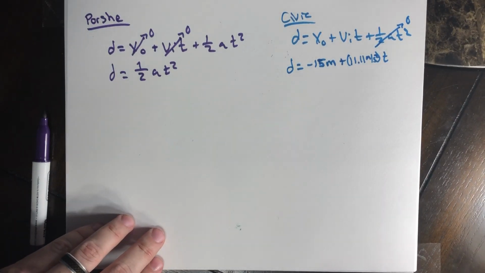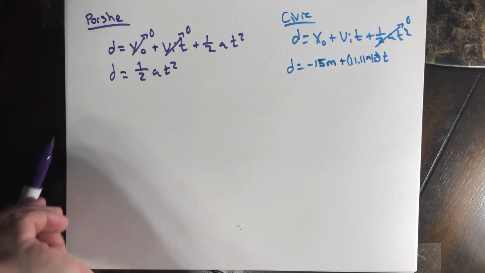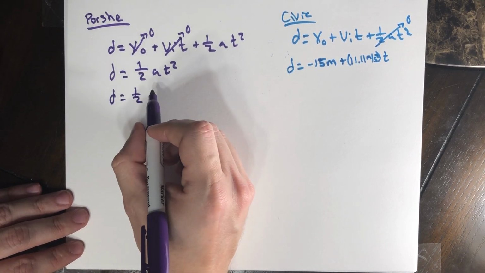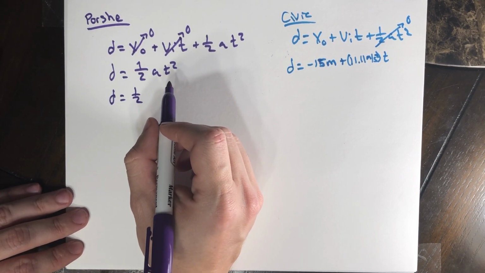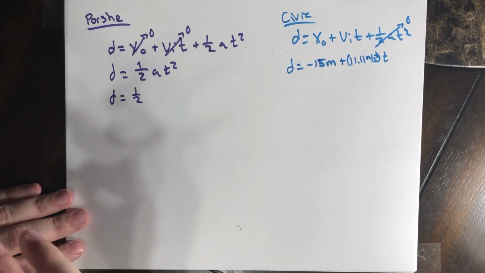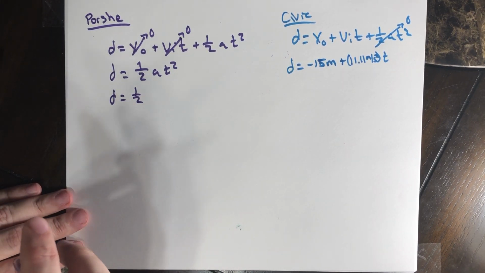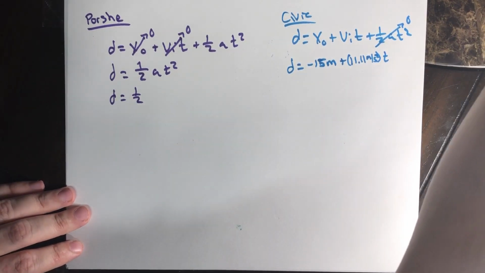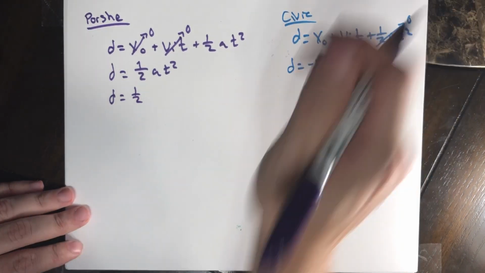Okay. So if we plug in all the numbers, I'll go back over here. 1/2 of our acceleration, well, we knew that the car was accelerating at, where was it? 3 meters per second squared, sorry.